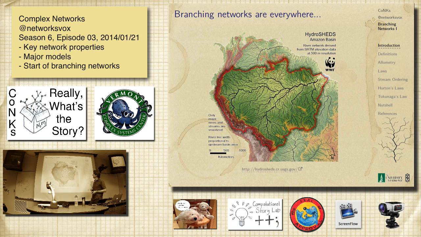This is the Amazon. Part of my PhD, the title was the geometry of river networks. So I was using geometry in its ancient and most obsolete way, measuring the Earth, right? But we somehow lost the Earth.